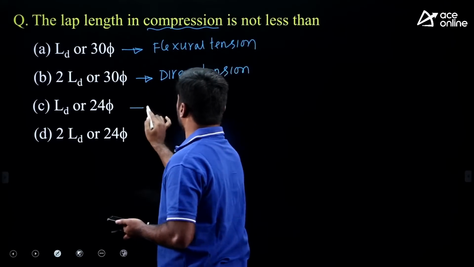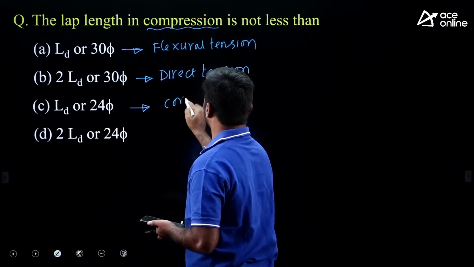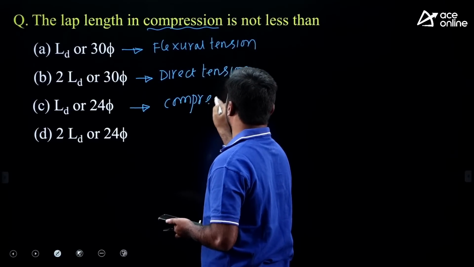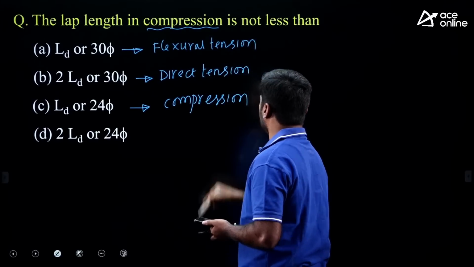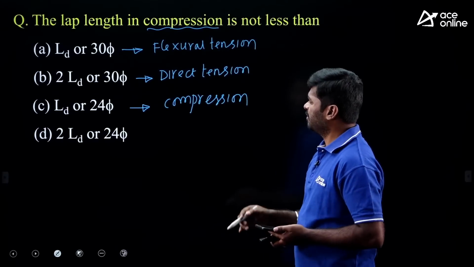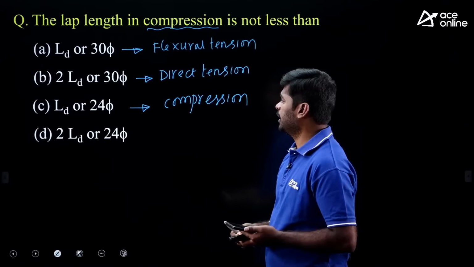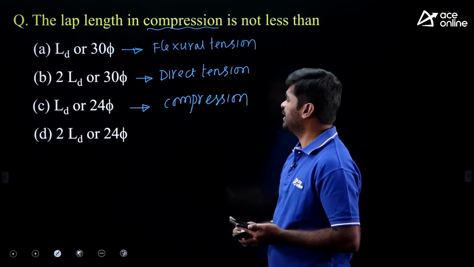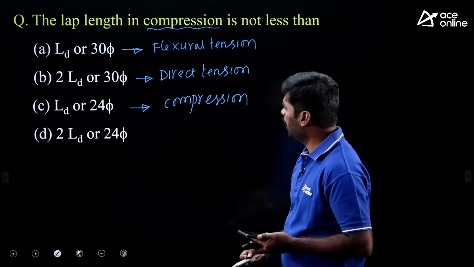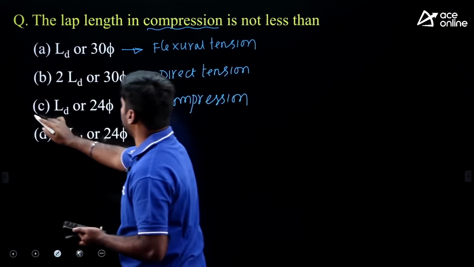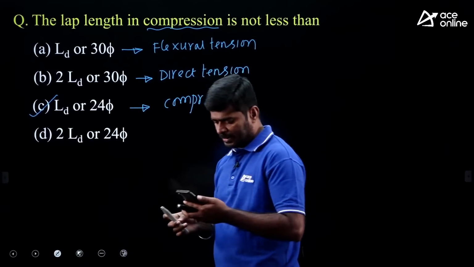Under compression, which compression? Any compression, whether it is axial compression or bending compression. For any compression, lap length should be LD or 24 times bar diameter, whichever is maximum. Option C is correct.